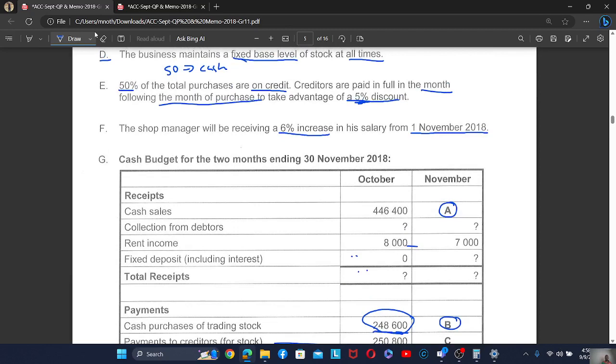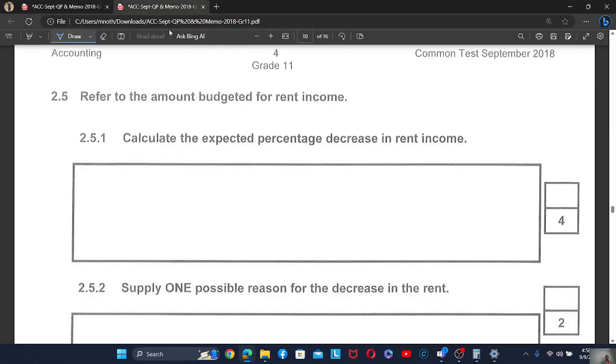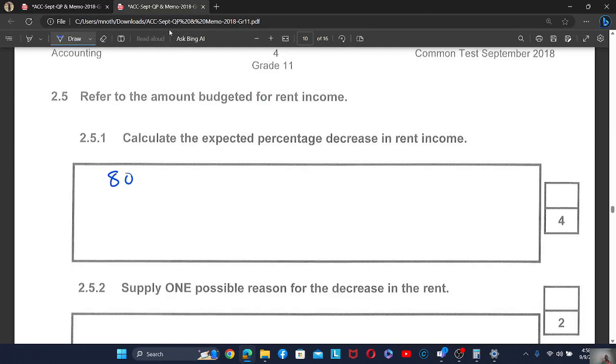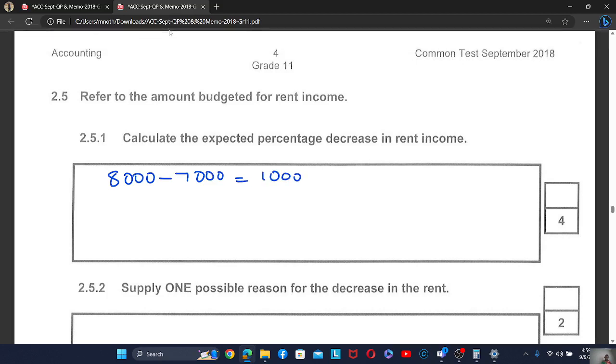So the rent income in October was 8,000, and then in November it is 7,000. So in October it was 8,000, then it decreased to 7,000, meaning that it decreased by how much? 1,000. But then we are looking for the percentage decrease, right? So we are going to say 1,000 rand over 8,000, because it decreased from 8,000.